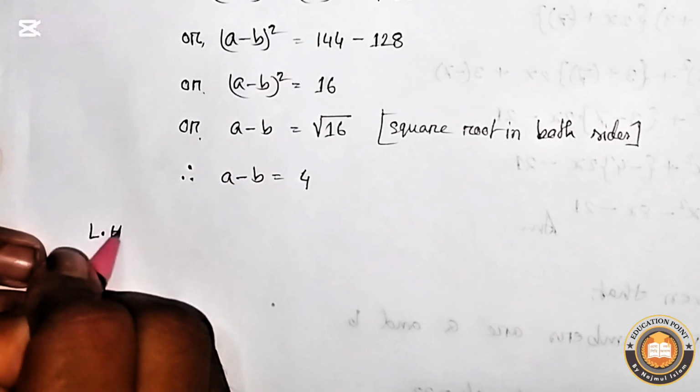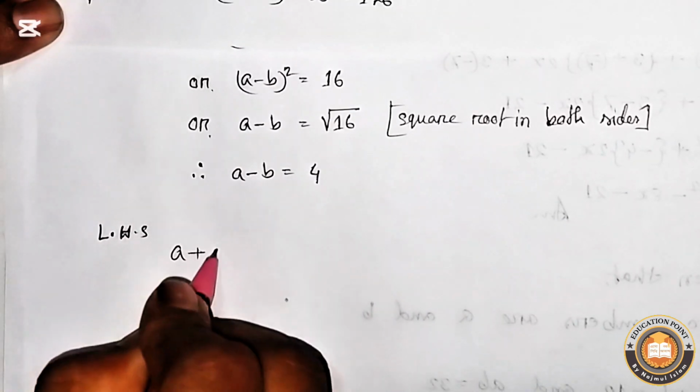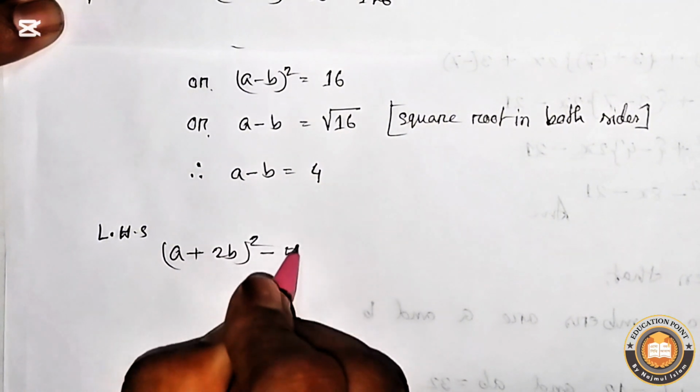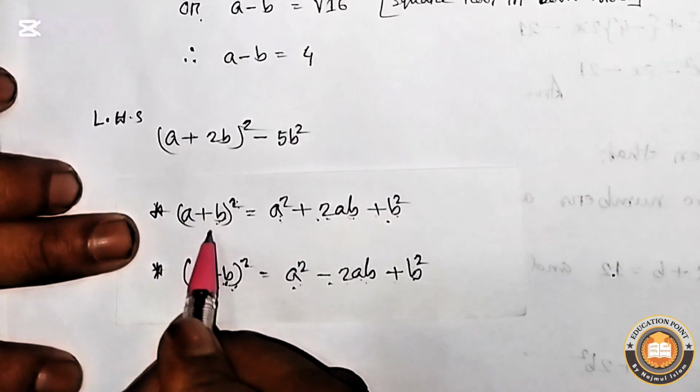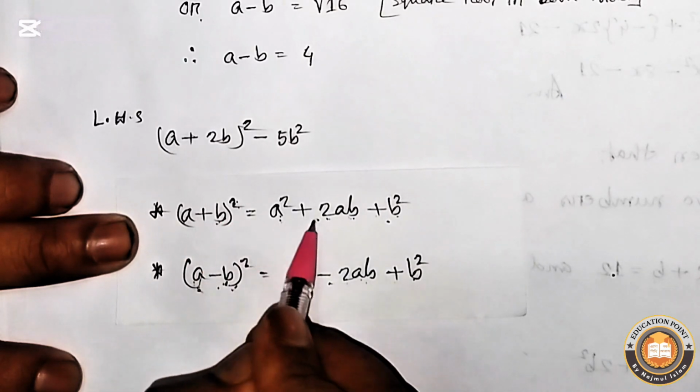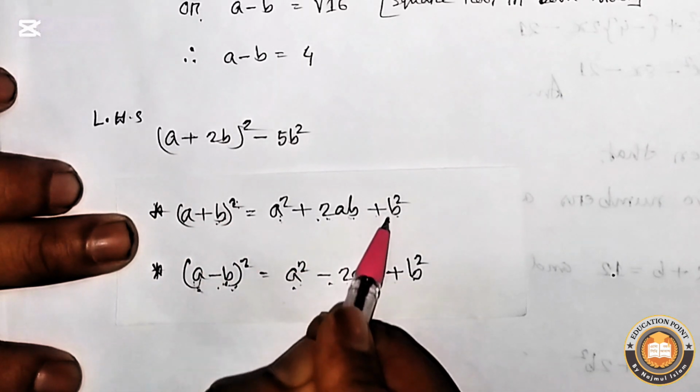Left hand side: (a + 2b) whole square minus 5b square. Now we will apply the formula of (a + b) whole square, that means a square plus 2ab plus b square.